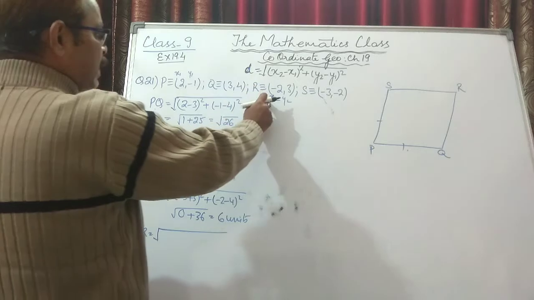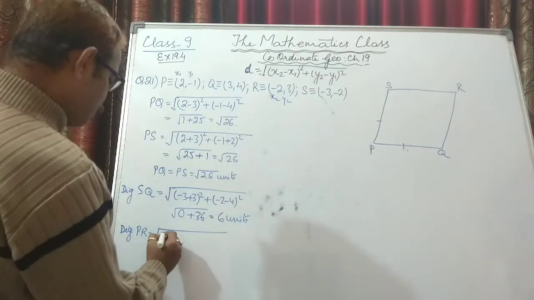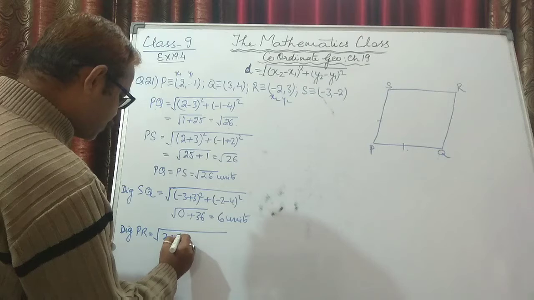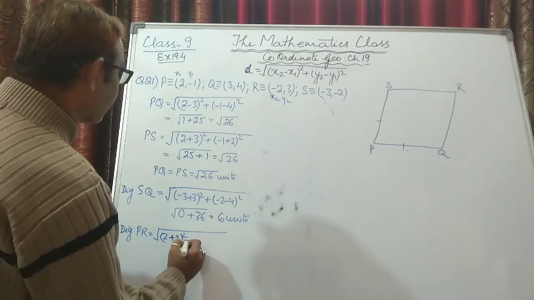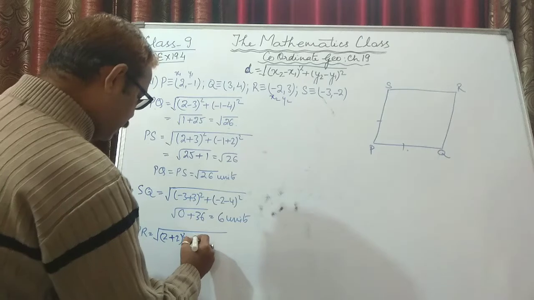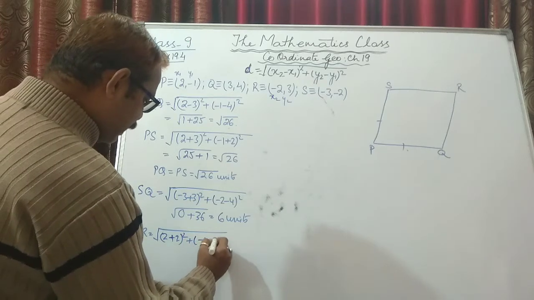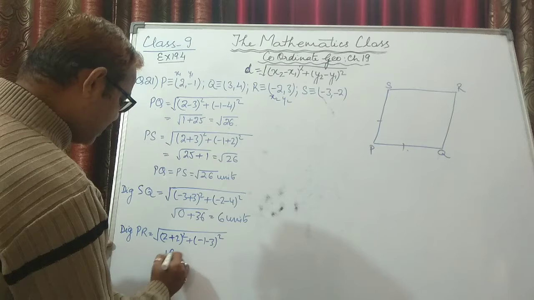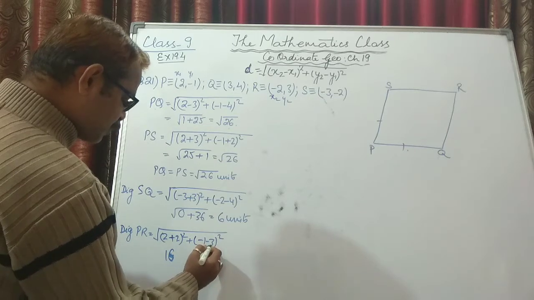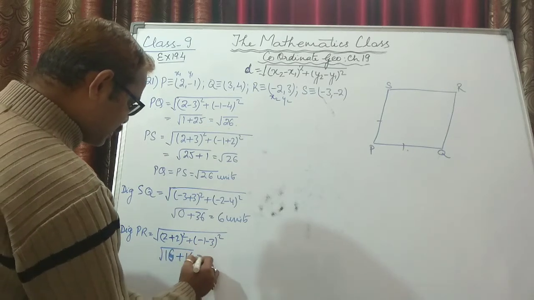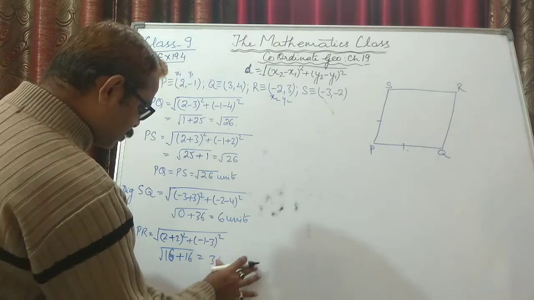Now 2 minus of minus 2, it means plus 2, its whole square. Then plus y1 minus y2, -1 minus 3, whole square. So 2 and 2 is 4, 4 square is 16, and -1 minus 3 is -4, square is 16. 16 and 16 is 32, under root 32.